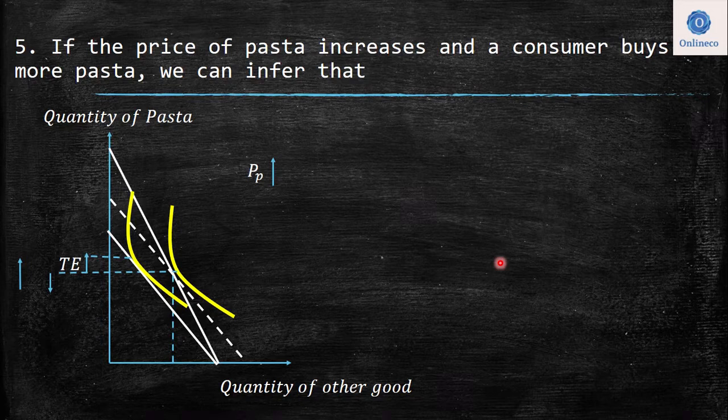You need to move until it gets the same slope as the first indifference curve, and this gives you a bundle. When you move from the original bundle, you see here there is a decrease, it is less quantity of pasta. So then this is the substitution effect. This is the quantity of pasta that you are replacing with the other good due to the increase of the price.